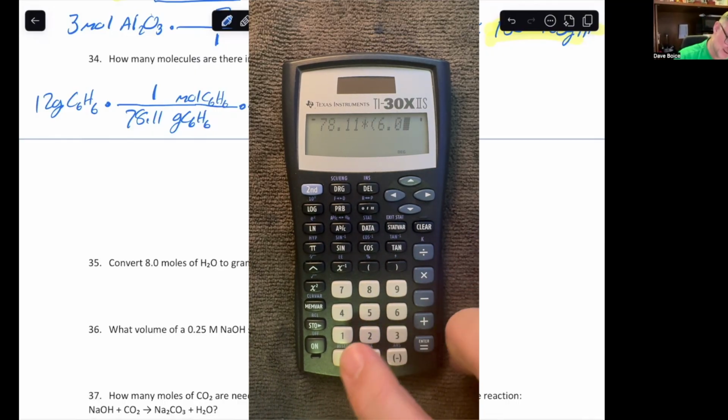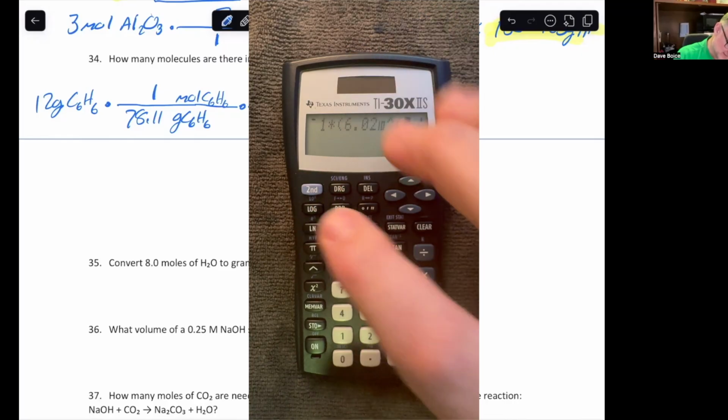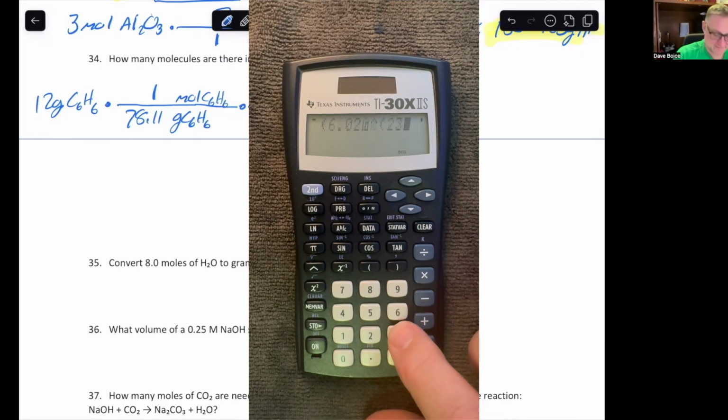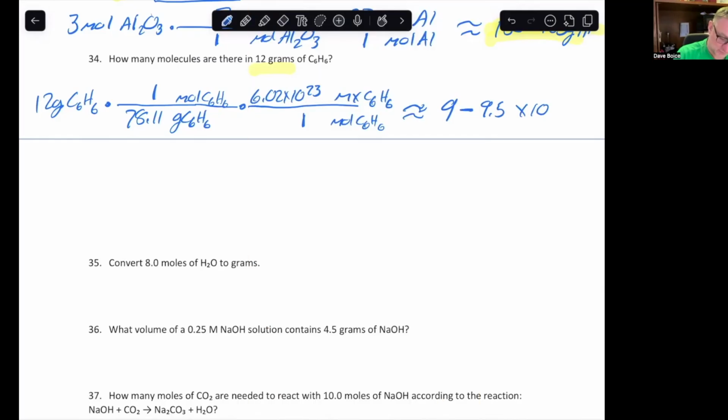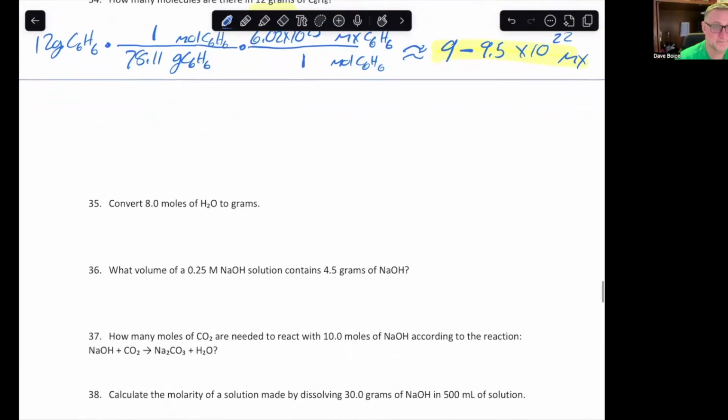And if I do that, I will get approximately 9 to 9.5 times 10 to the 22nd power molecules. So again, as always, make sure you have the precise answer rounded to 2 decimal places on your answer sheet.